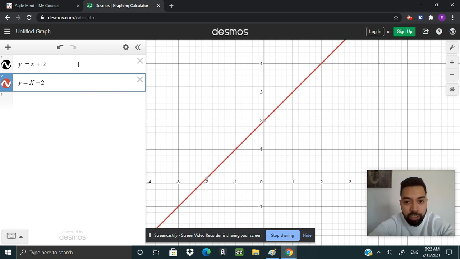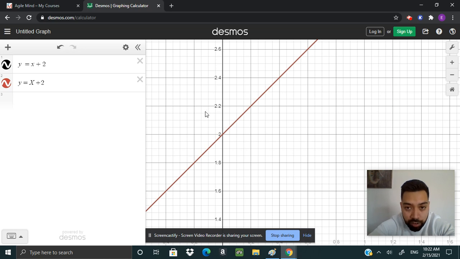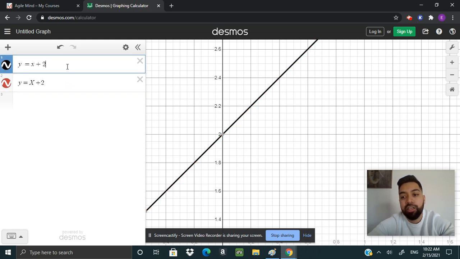Okay, if I click on the first equation, you can see it's right there, the black line. If I click on the second equation, you can see it's right there, the red line. Well, if you zoom in, you still can't see either of them. That's because they're right on top of each other. They're overlapping. Really, they're just the same exact line, and the solutions are all throughout that line.